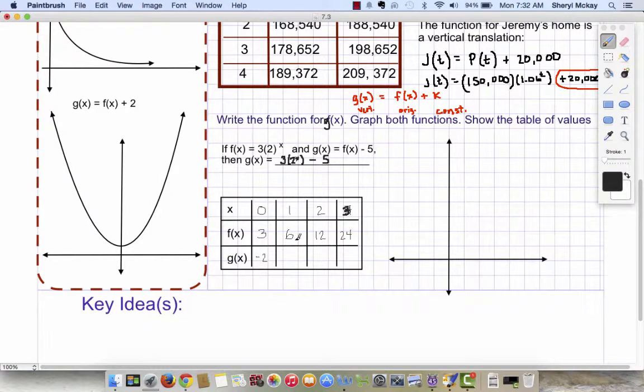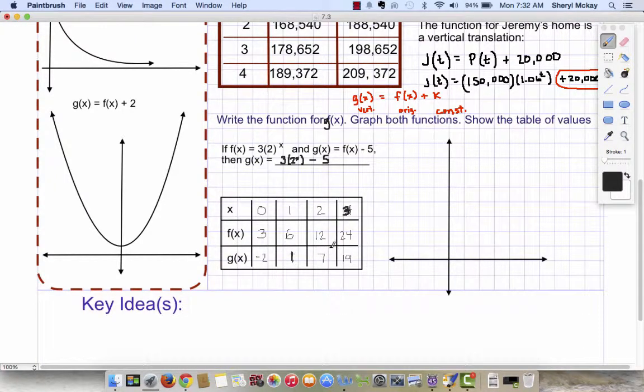When x is 1, g of x would be 1, because 6 minus 5 is 1. And what would it be when x is 2? 12 minus 5 is 7. And for 24, or when x is 3, 24 minus 5 is 19. All right, so we've just filled in our tables.